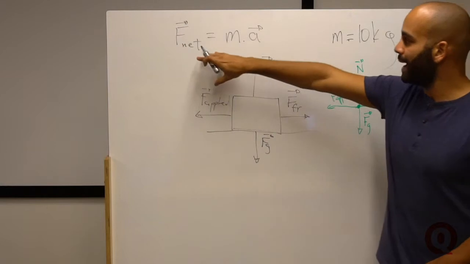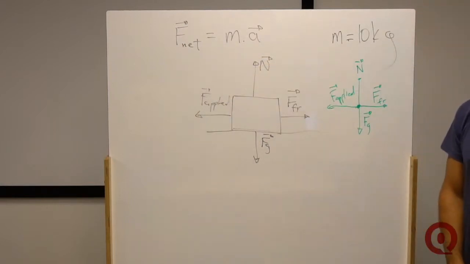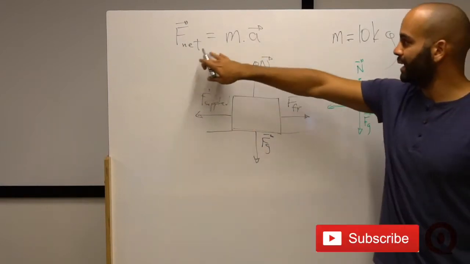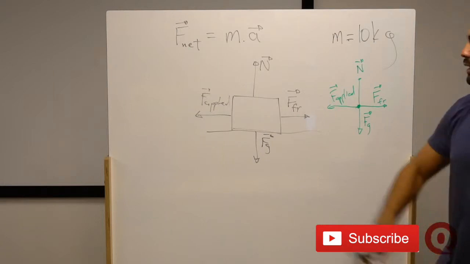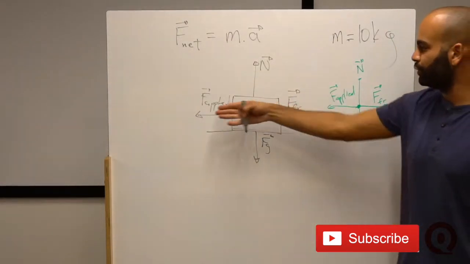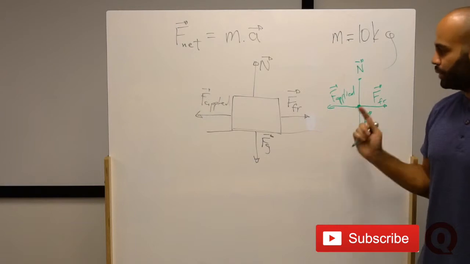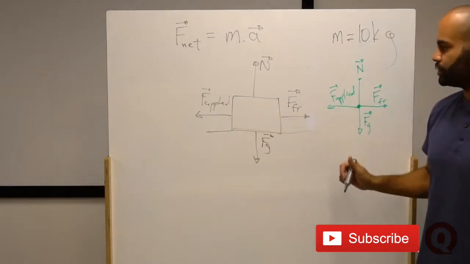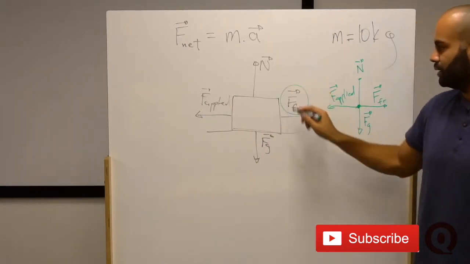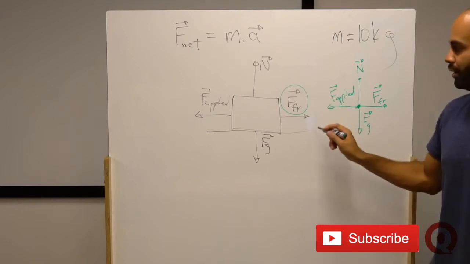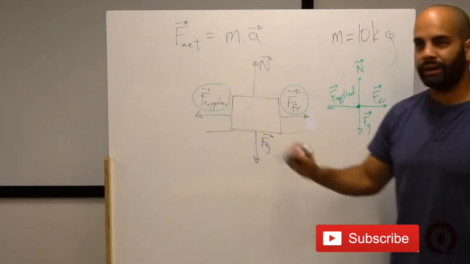Now, referring back to Newton's second law, where F net equals ma, what is the net force that would move this box? It would actually only be the x components, which are the friction force and the force applied.